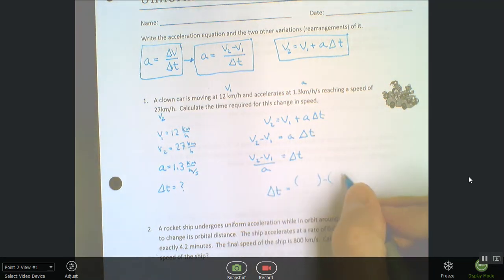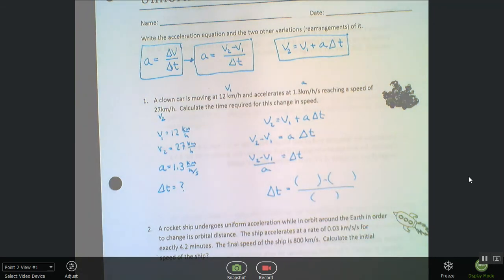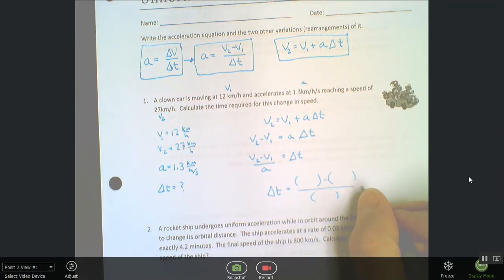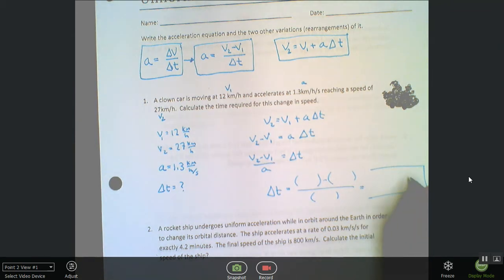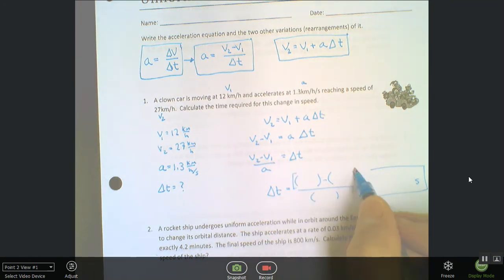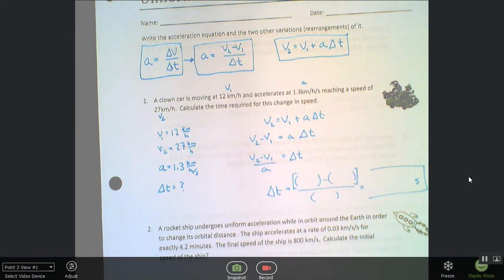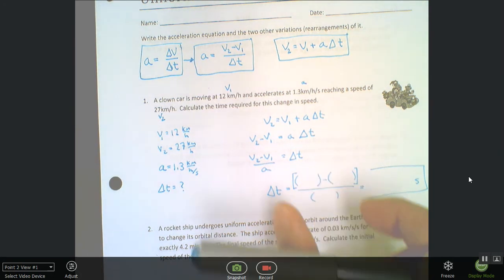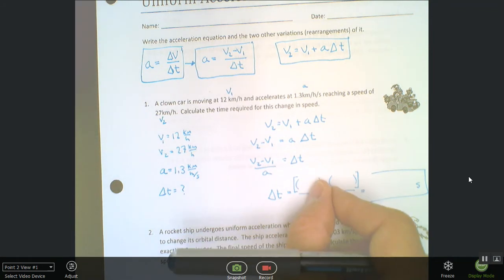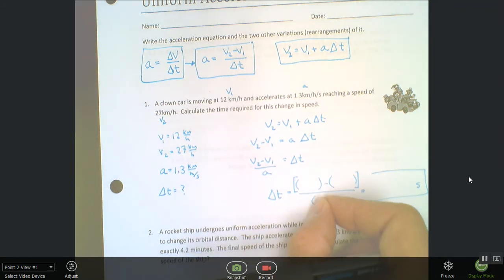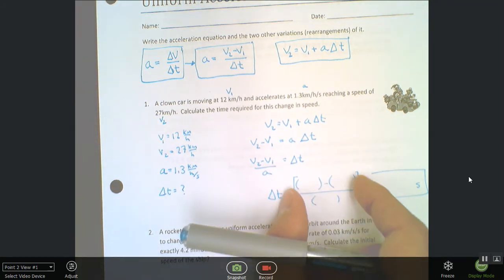It's really important at this point to make sure you always put brackets, and you will get your final solution, and your answer will be in seconds because it's kilometers per hour per second. It's important to realize the brackets up here when you're substituting in your values, and also make sure that you get the value at the top first before you divide it. Some calculators require brackets to do that, some it doesn't matter.